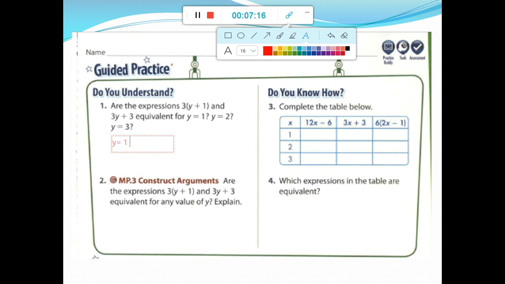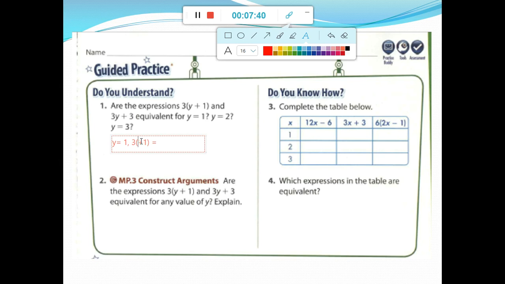So the first expression will be 3(1 + 1). I replaced y by 1.